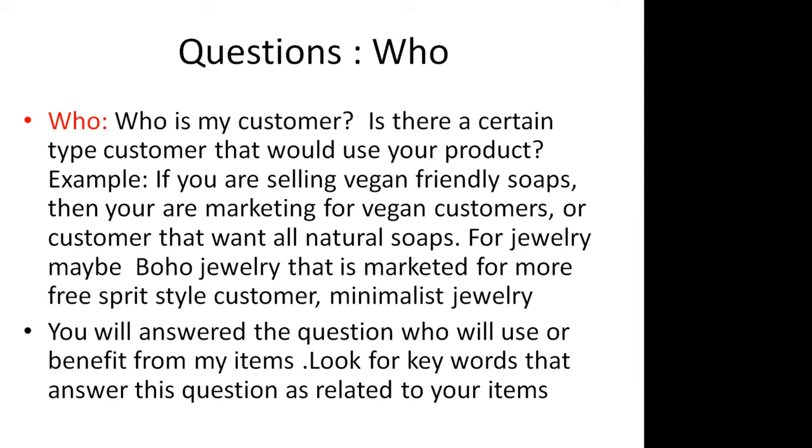Are there certain types of customers that would use your product? Like if you're selling vegan-friendly soaps, then you're marketing for a vegan customer, or customers that want natural soap products. For jewelry, if they're looking boho, minimalist, whatever you're marketing for, you're going to be searching for wording relating to that type of customer. Who do you think you are trying to sell your jewelry for?